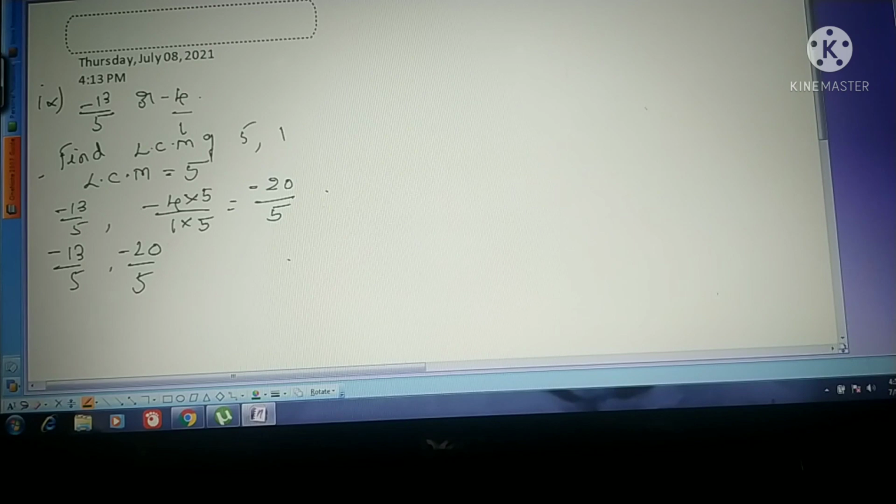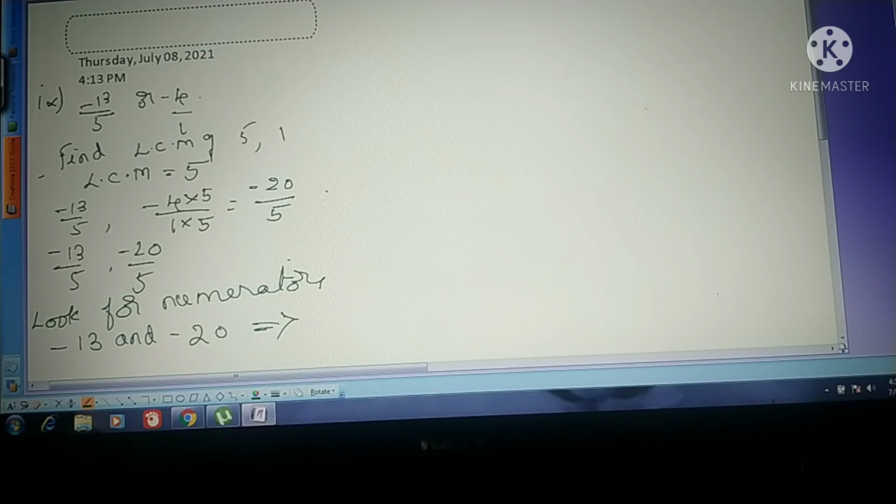Now look at the numerators. Which one is greater? Here we have minus 13 and minus 20. Among these two, which is the greater one? The smaller number with a negative sign is greater than the other.